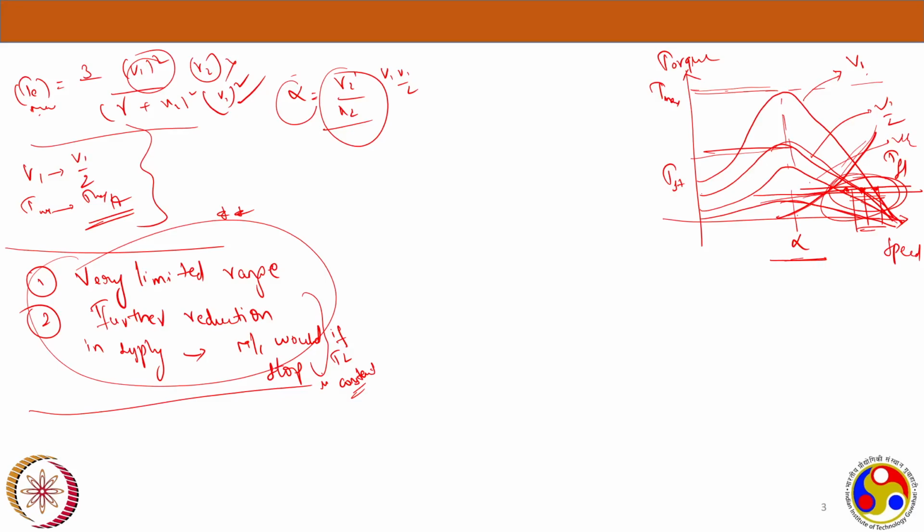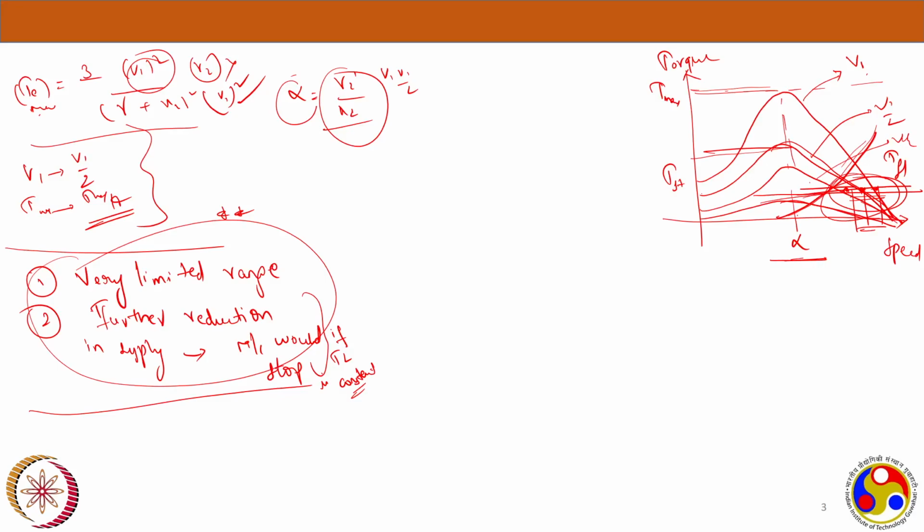But what I want to say is, controlling speed with a normal induction machine has different problems. That's why people use DC motors in speed control. They're very straightforward, and the supply is fixed. In a DC motor, there is no concept of frequency.